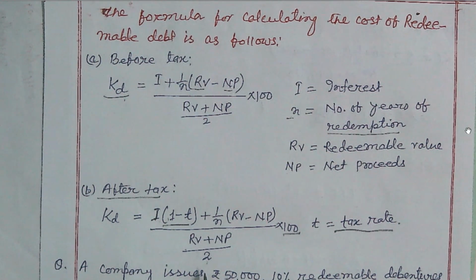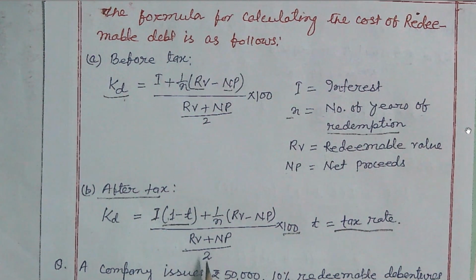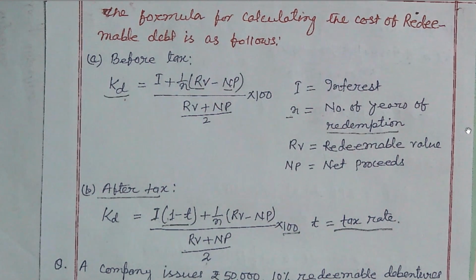And moreover, when debentures are issued, certain expenses are to be incurred. That expense amount, if any, is deductible from the face value. Okay, so those details I will explain to you with the help of one illustration.